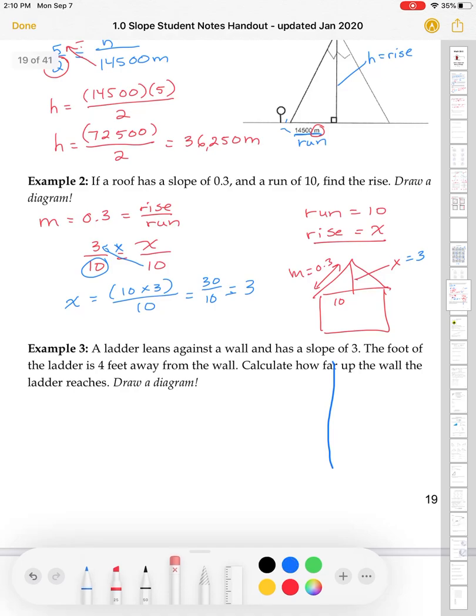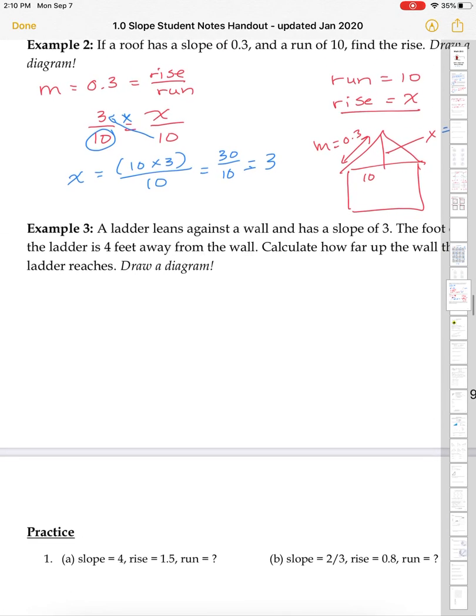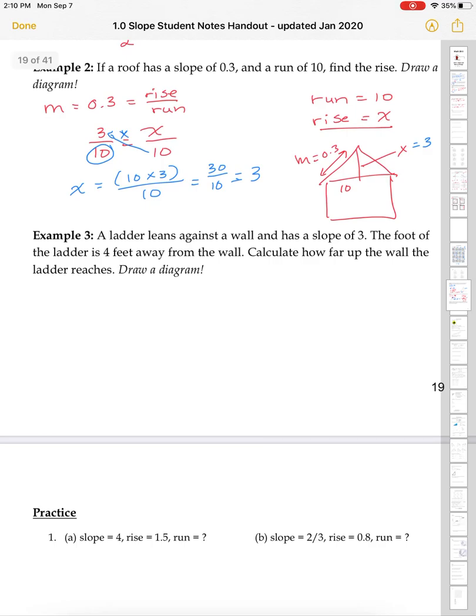Okay, example 3. A ladder leans against the wall and has a slope of 3. So let's take a look at this. It says draw a diagram.